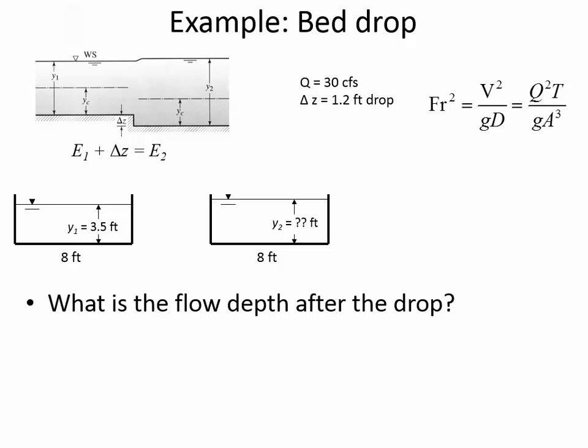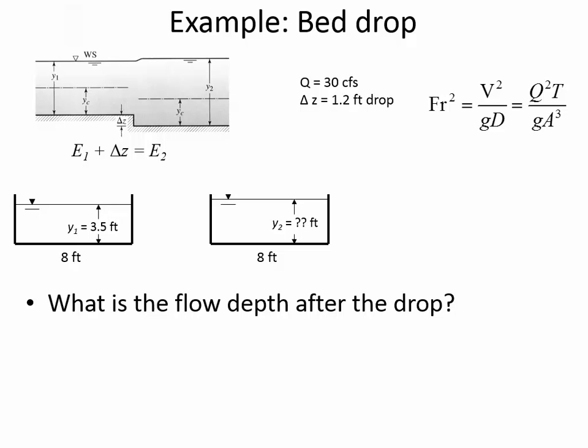And so we've got a supercritical depth to choose from or a subcritical depth to choose from. And what we know from the very beginning is that at location 1, conditions were subcritical, so the flow is going to stay subcritical at 2, and this is our new flow depth. It'll be 4.708 feet. So that's the flow depth after the drop.